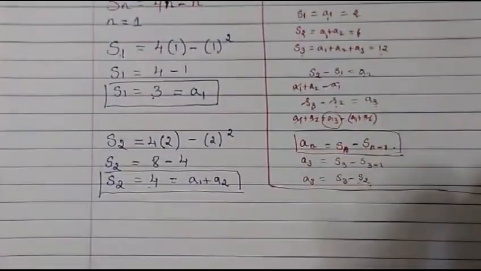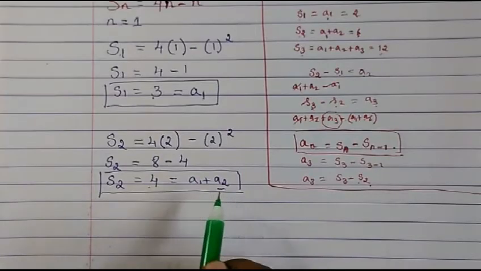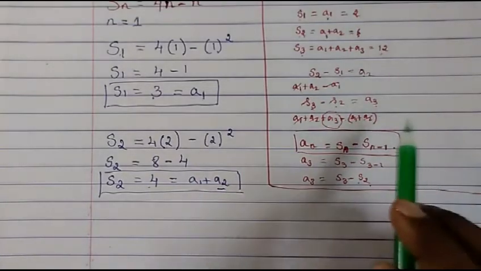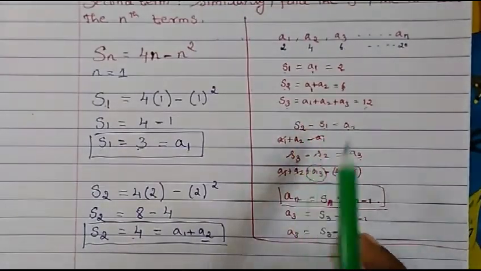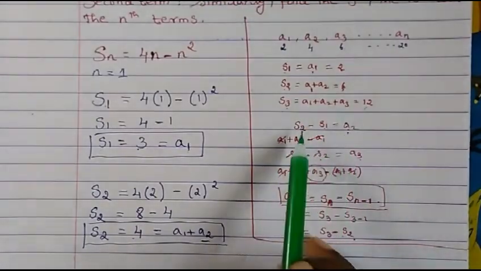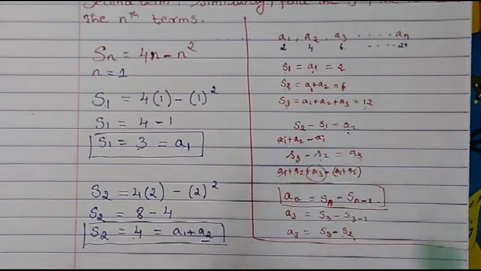The sum of two terms is 4. That means A1 plus A2 is 4. But then what is the second term? That means A2 is what? I already explained to you here how to find A2. To get A2, what did we do? From S2 we minus S1, then we get A2.